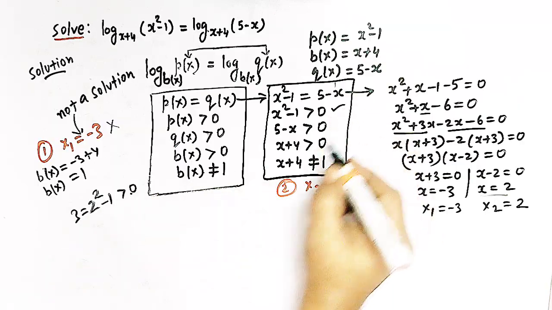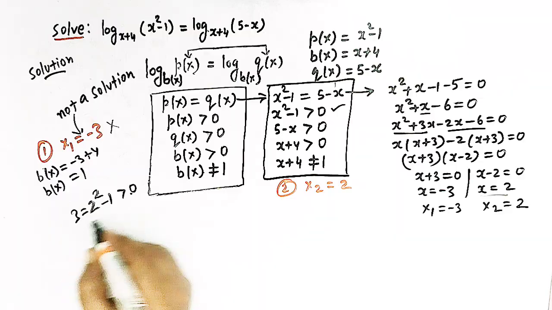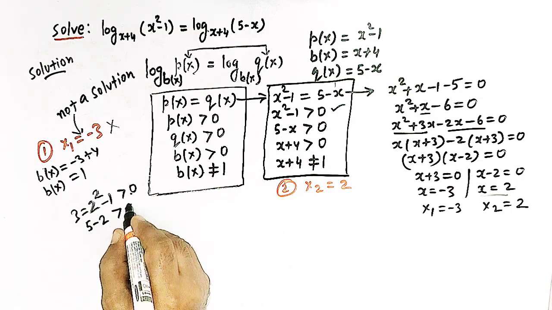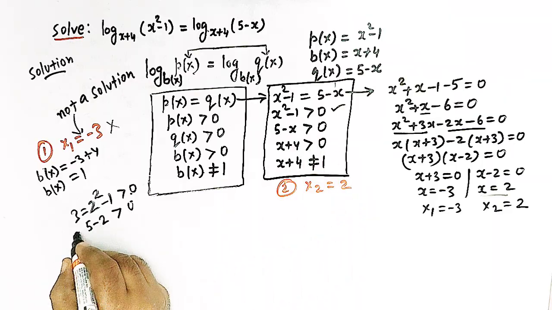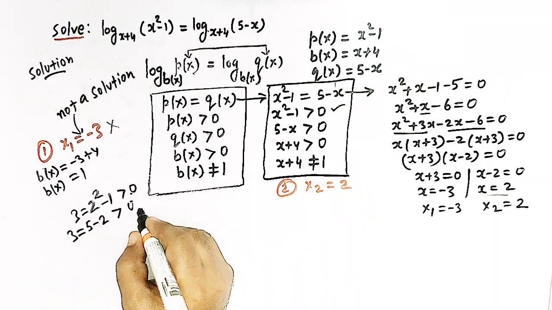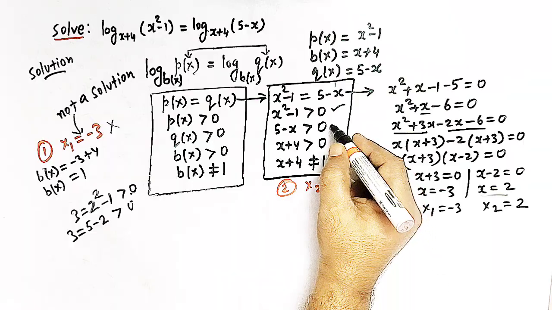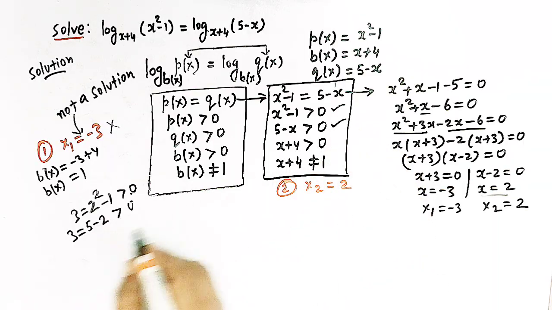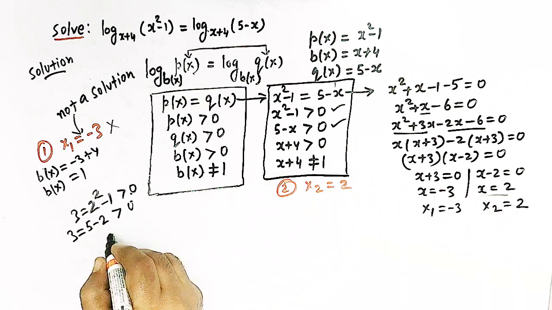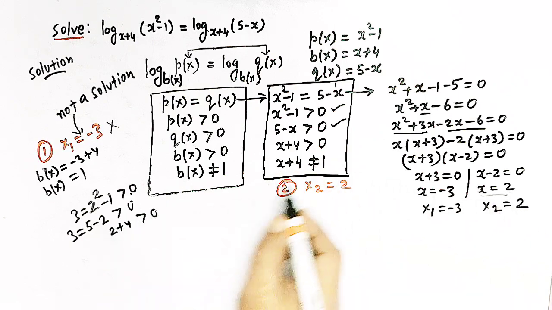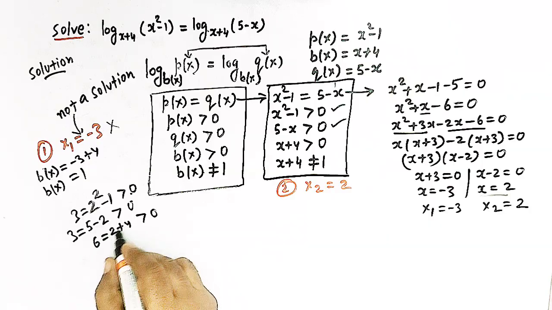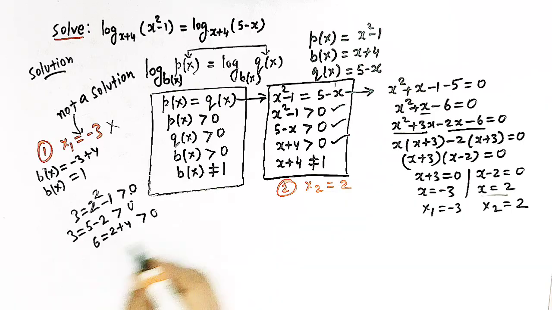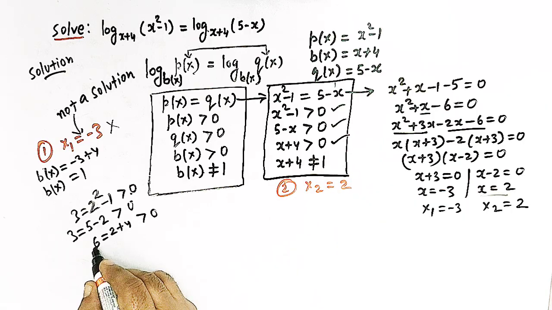So this condition is satisfied, and here we have 5 minus x, that is 5 minus 2 is greater than 0. So 5 minus 2 is 3, and 3 is obviously greater than 0, so this condition is also satisfied. And here we have x plus 4, so taking x is equal to 2, we have 2 plus 4 greater than 0, that is 6. 4 plus 2 is 6, 6 is greater than 0, so this condition is also satisfied.